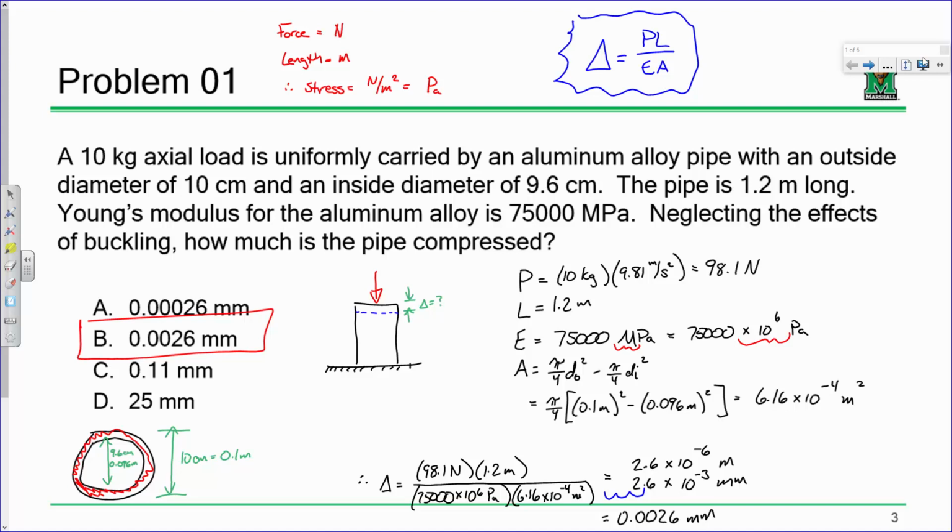So technically, what you need to do in order to determine the displacement is integrate the axial load and the area.